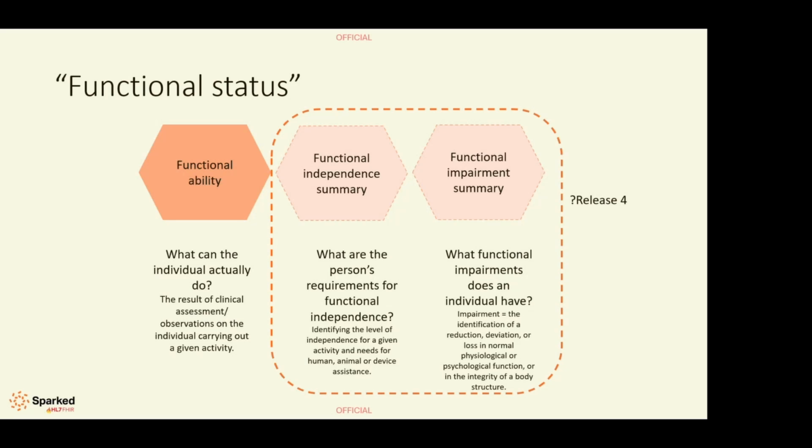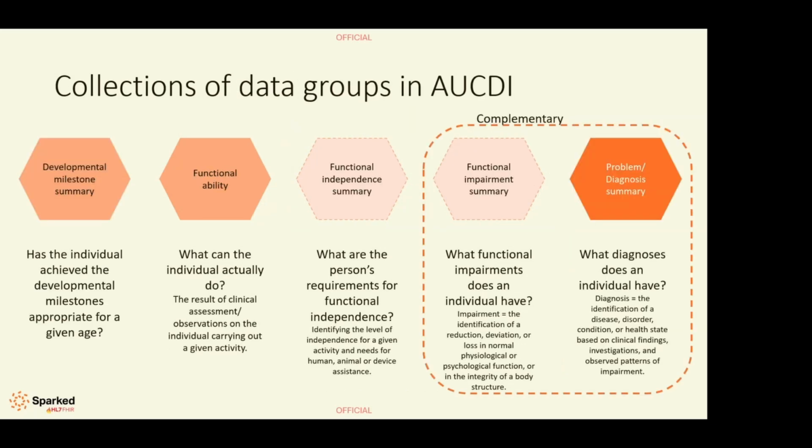And the other two on the right are around the complementary space of functional status. So we typically will need to know as clinicians what the individual can actually do, which is the functional ability, but we also then, for continuity of care, want to be able to tell another clinician what that individual might need. So functional independence and functional impairment summary will complement those.